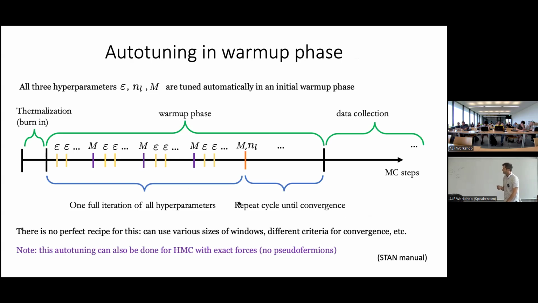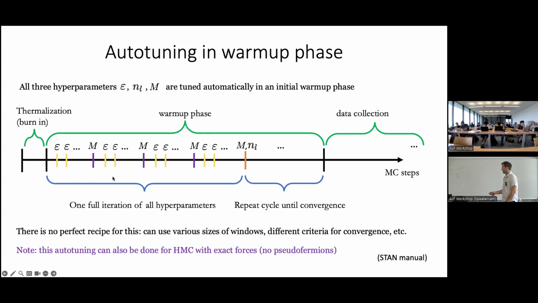So all three of those things are tuned. All three hyperparameters are tuned automatically in some initial warm-up phase. The way this is done is that there's some thermalization or burn-in to get you to the typical set, which happens with all MCMC calculations.